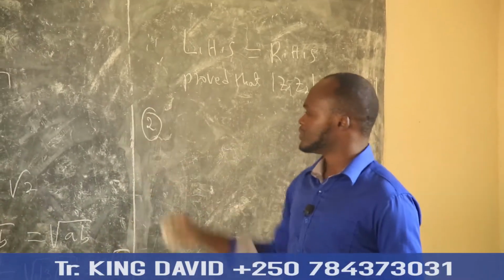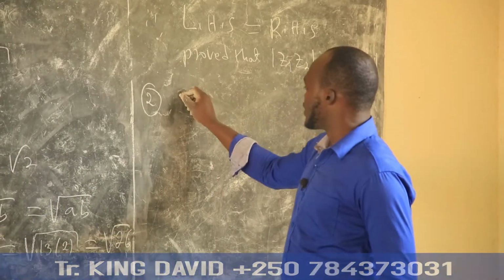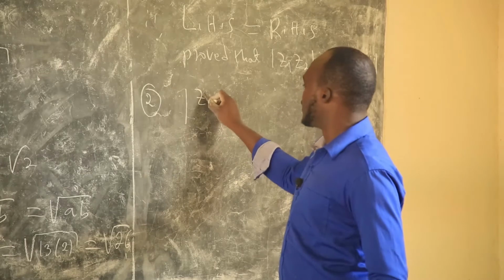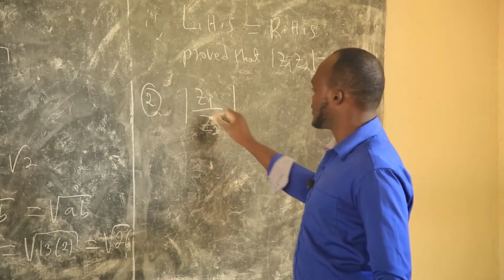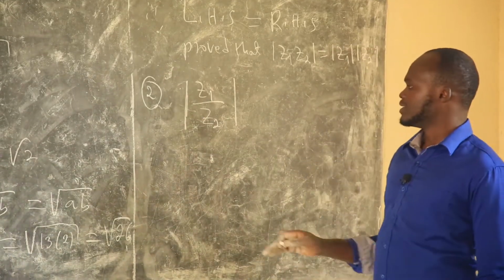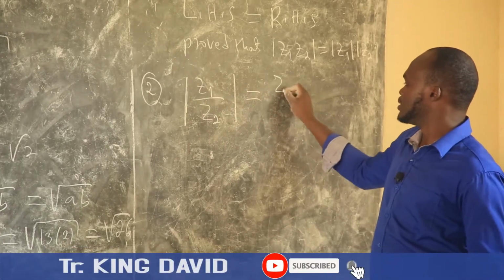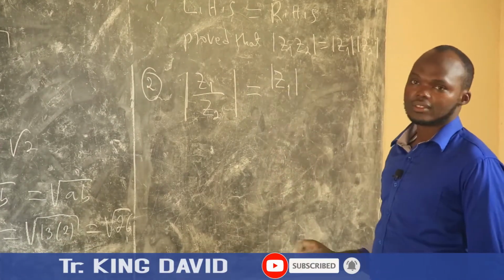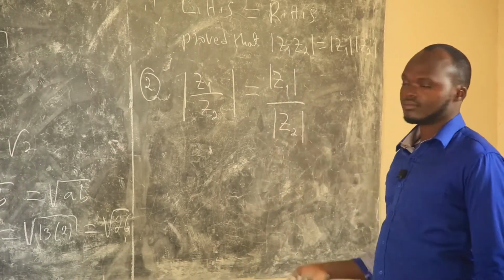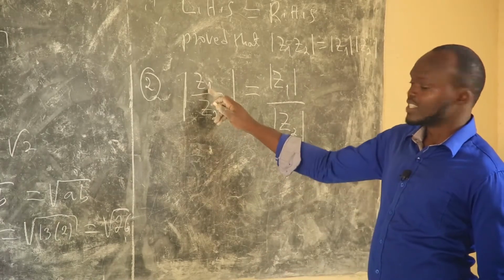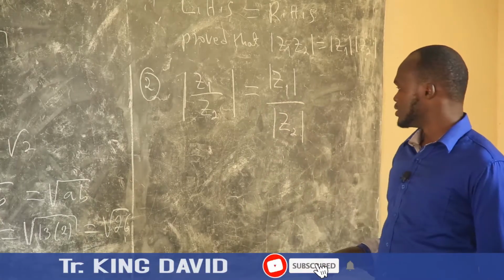Property number 2: when you have the modulus of Z1 divided by Z2, this is the same as the modulus of Z1 divided by the modulus of Z2.